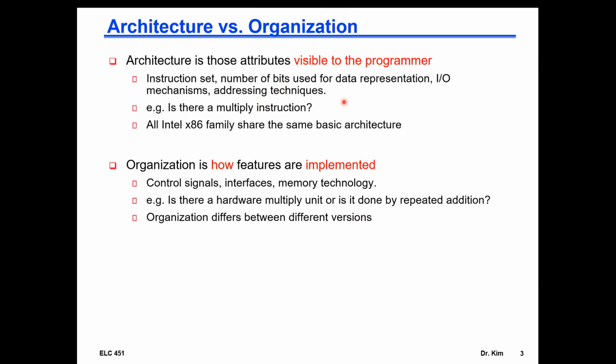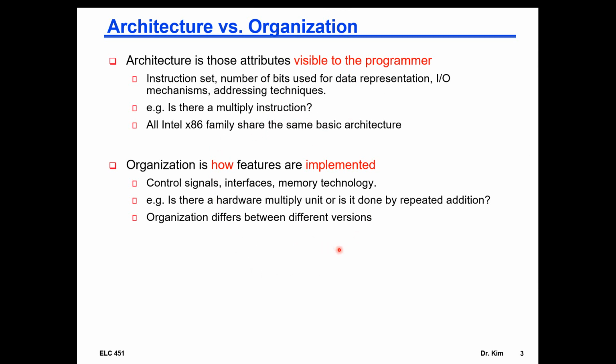To the user, it is a multiply instruction. She doesn't care how long it takes. She just wants it done. Then it doesn't matter how long it takes, as long as it's there. That single multiply instruction could be implemented in two ways, two approaches, but to the user, it's just a single multiply instruction. That's the beauty of the instruction set architecture abstraction from the architecture perspective to the organization or implementation perspective.